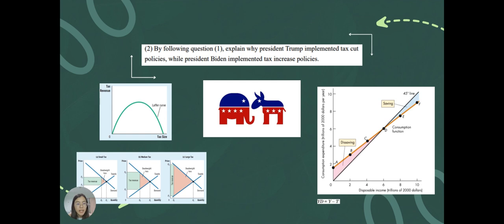And on the other hand, Biden's approach aligns with the demand side economics. How so? Well, as we know, traditional Keynesian analysis indicates that increases in government purchases are a more potent tool than decreases in taxes.